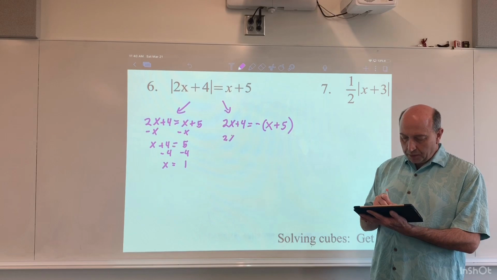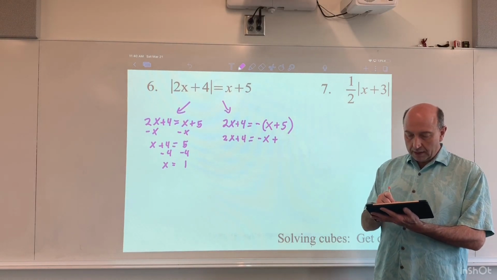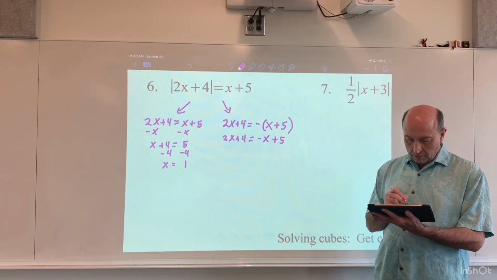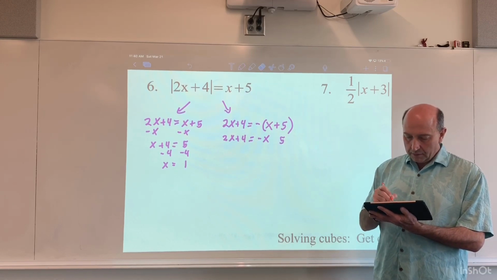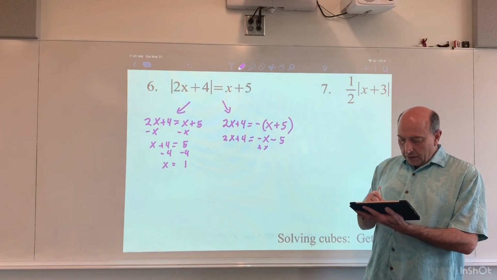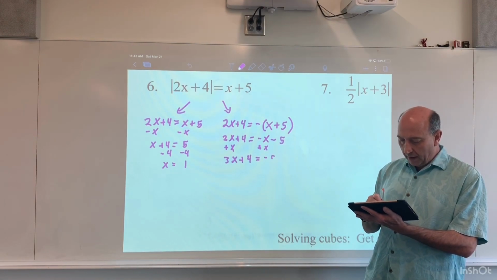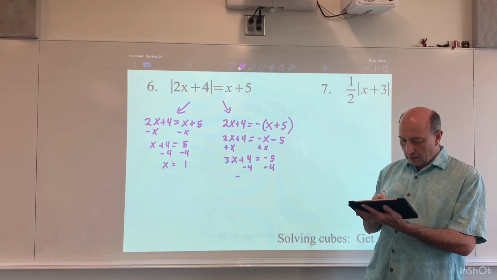So we have 2x plus 4 equals negative x minus 5. We will add x to both sides. We'll get 3x plus 4 equals negative 5. We will subtract 4 from both sides, getting 3x equals negative 9, and divide by 3, getting x equals negative 3.